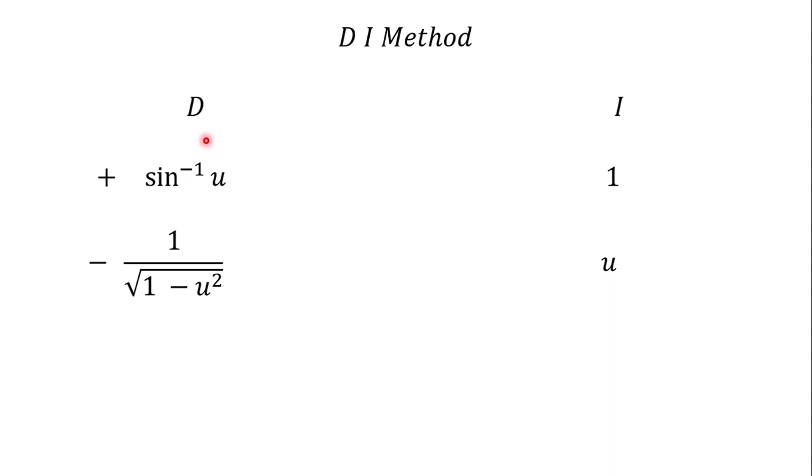So the moment you get 0 in the D column, you just stop, because when you multiply the 0 in that row by what is under the integral column, you are going to get 0, and there will be nothing left to further work on. That is why when you get 0 in the D column, we stop.